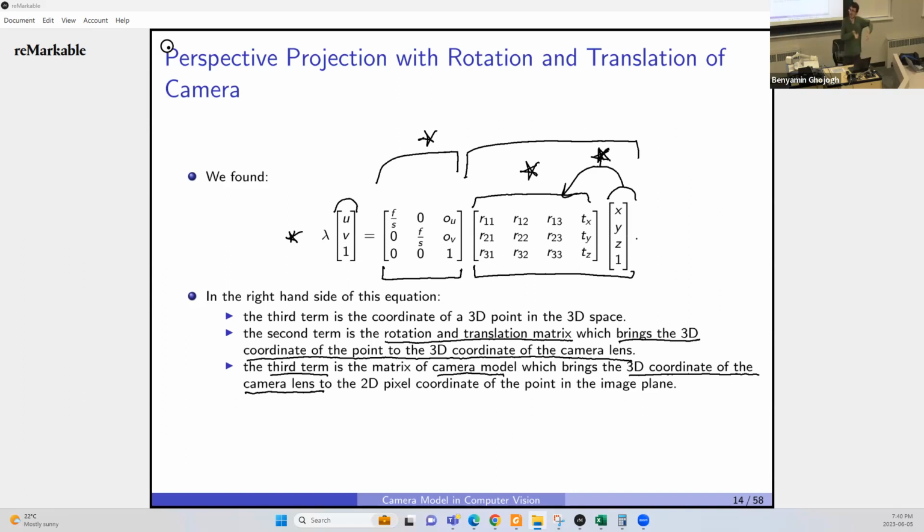You have moved the camera in the 3D space. So very interesting. You have two mappings in 2 steps. The first step brings the camera to the origin without any rotation. The second step brings the 3D coordinate to the image.